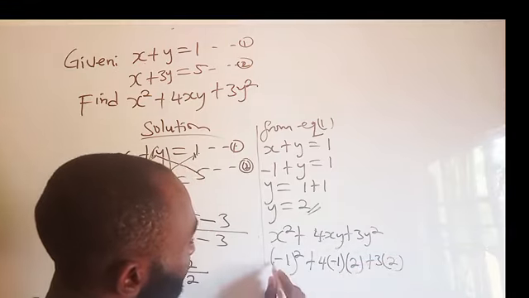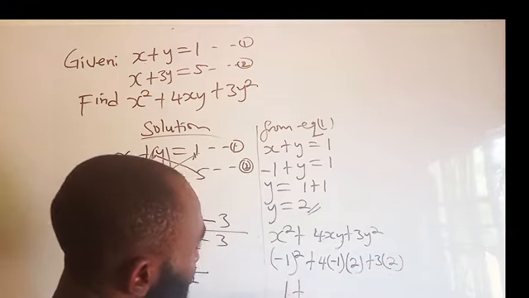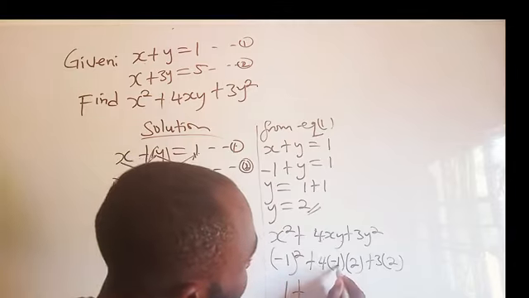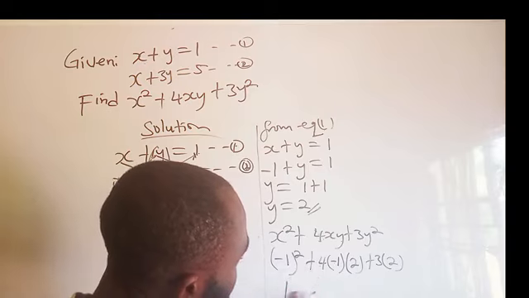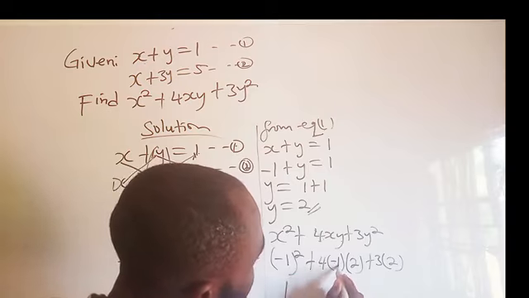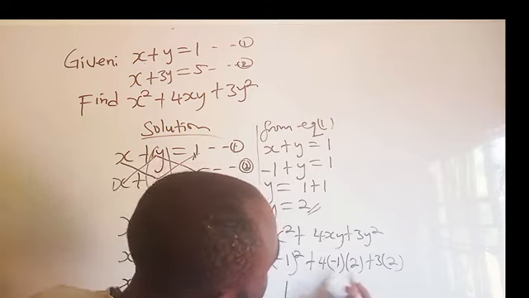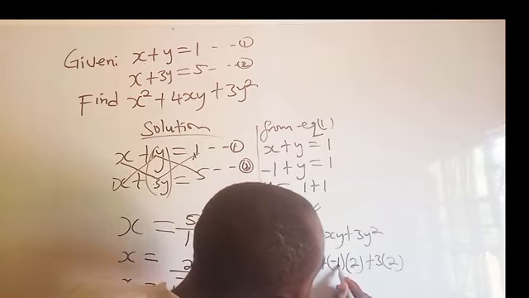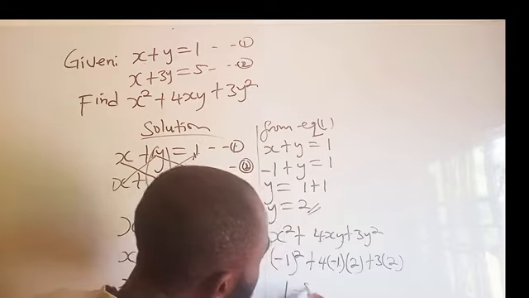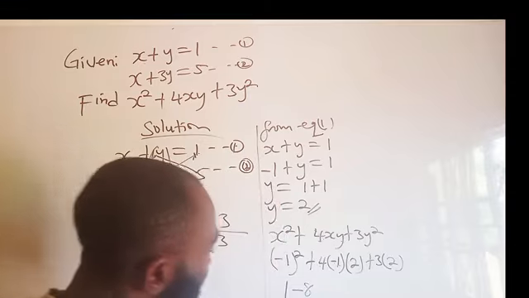So here minus 1 squared is 1. Then 4 times minus 1 is minus 4, times 2, that will give us minus 8, right?